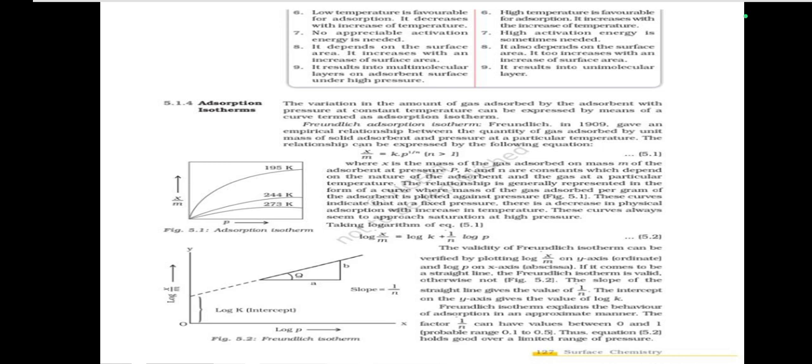The factor 1/n can have values between 0 and 1, with a probable range of 0.1 to 0.5. Thus equation 5.2 holds good over a limited range of pressure.